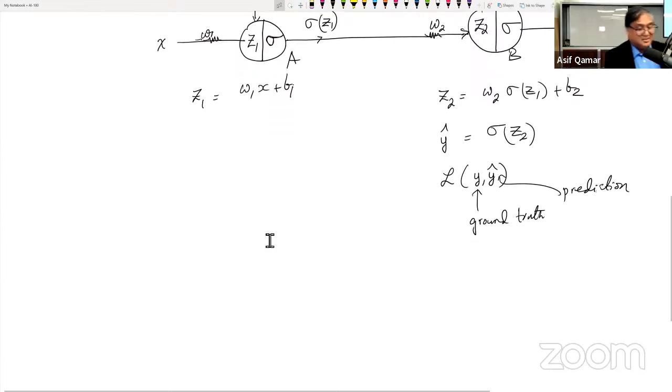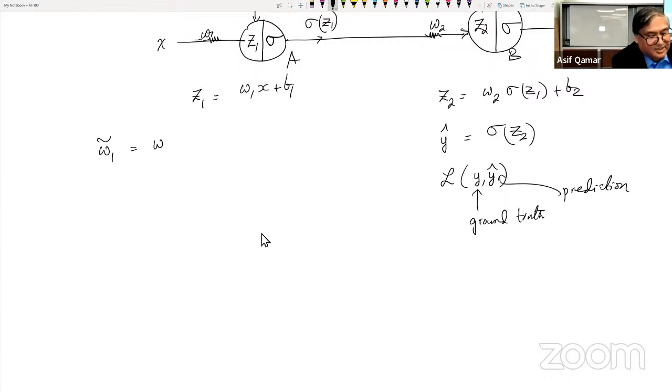For each resistor, this is what we want. We say W1, we update it to W1 tilde, whatever W1 was, the previous value, minus some learning rate, some tiny step, because we take tiny steps, times the gradient of the loss with respect to W1.